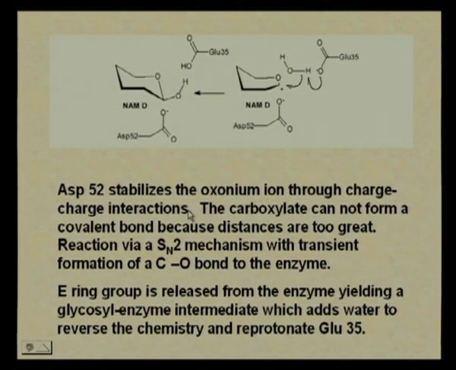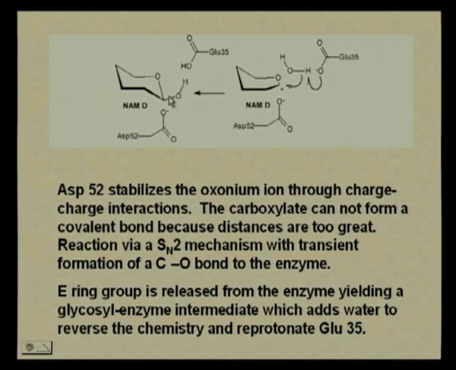What happens now is it does not form a covalent bond because the distances are too great, but it is enough to stabilize the oxonium ion. Now, what happens is there is a certain SN2 mechanism with a transient formation of a CO bond to the enzyme.